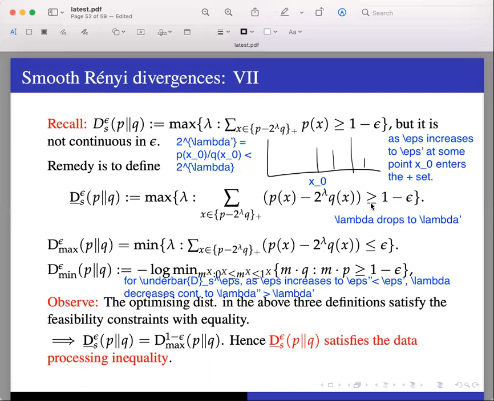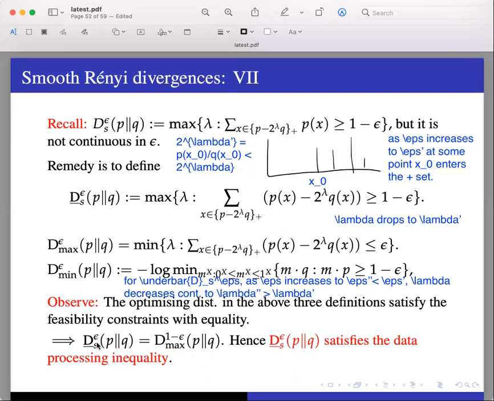Whereas here it was always equality, because lambda was decreasing to lambda double prime. So now observe that the optimizing distribution in the above 3 definitions satisfy the feasibility conditions with equality. Like here, as well as here. In these 3 definitions, the feasibility constraint is always saturated.